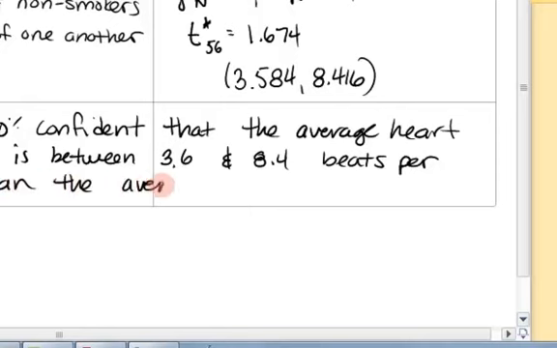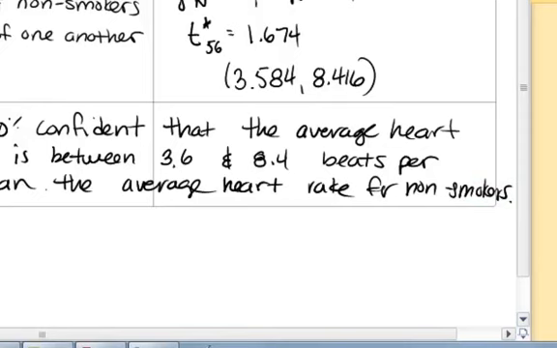Notice I didn't just talk about the difference, because you specifically subtracted non-smokers from smokers. So what you're saying when you have two positive values here is that the smokers' heart rates are consistently higher than the non-smokers' heart rate. That's really important to include in your description of your interval.